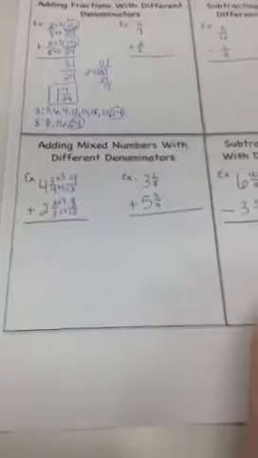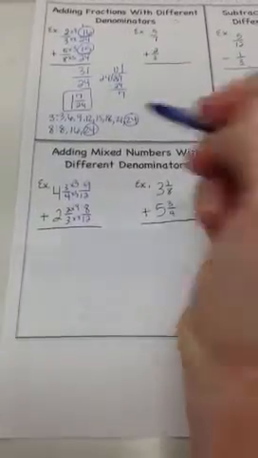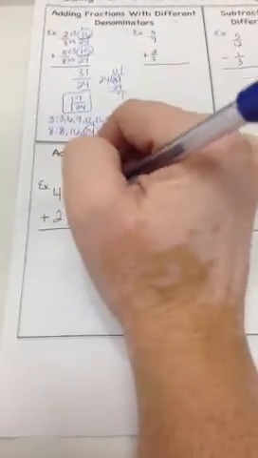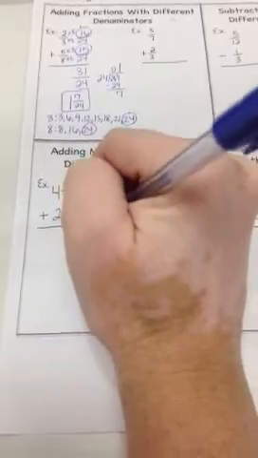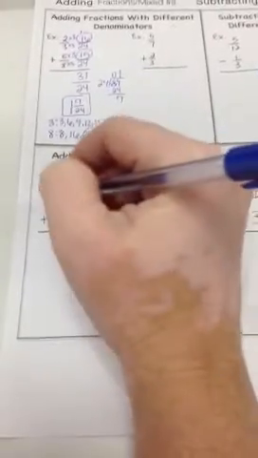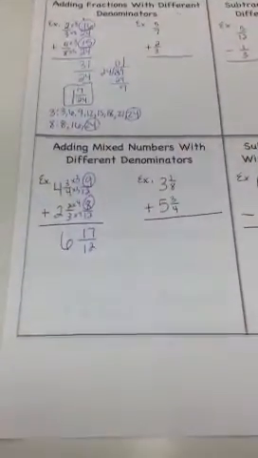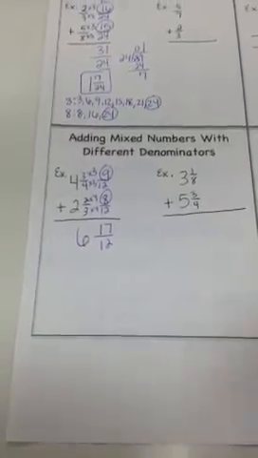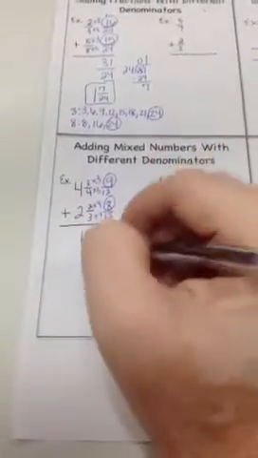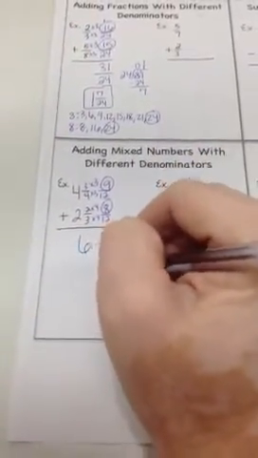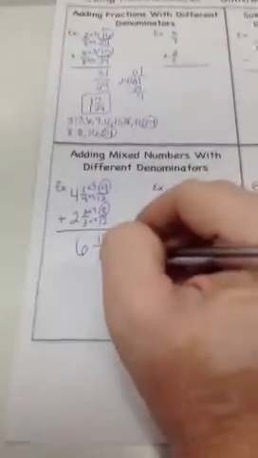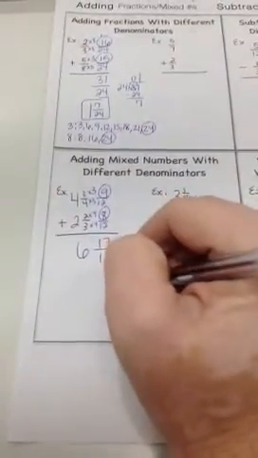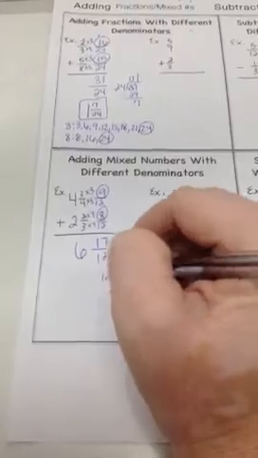So now we have our common denominator. We are able to go ahead and add our numerators. 9 plus 8 is 17 over 12, and 4 plus 2 is 6. I cannot leave it like this because I have an improper fraction. So I need to change my 17/12 by dividing. 12 goes into 17 once, and I have 5 left over.